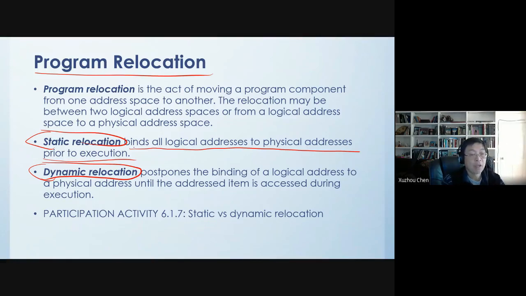That means when you compile the code and create the logical addresses, before you start to execute the program, you completely load the whole program into the memory. So then every logical address maps to a physical address.